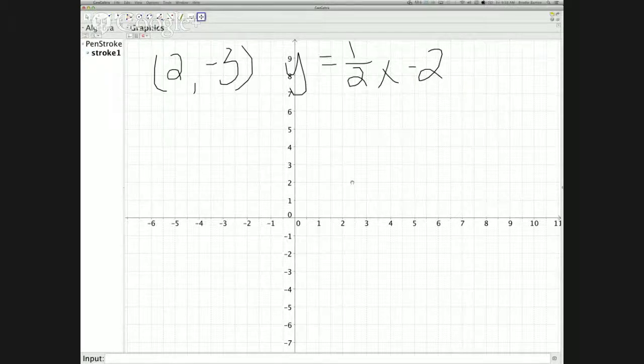But okay, my y-intercept is -2, so I'm going to put a dot there. And my slope is 1/2, so I go up 1 over 2. So I'm going to put a dot here. Then I'm going to connect those two dots with a line.